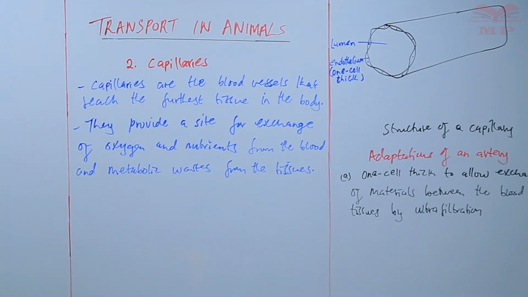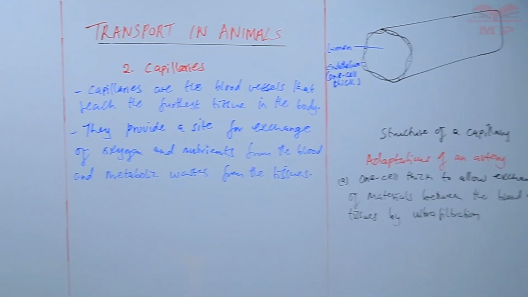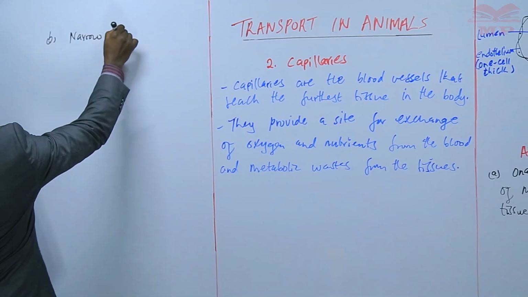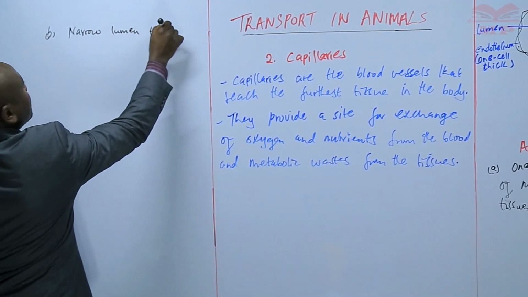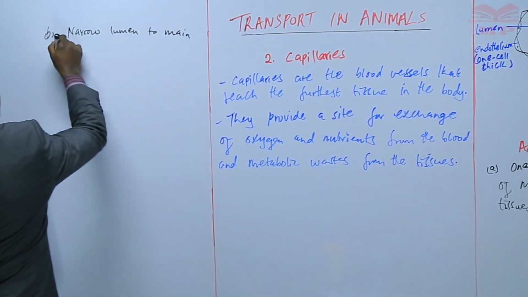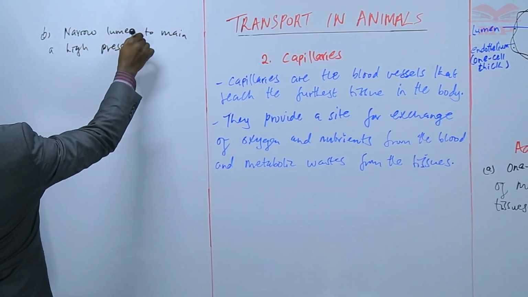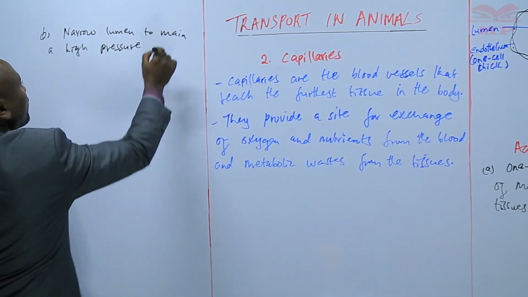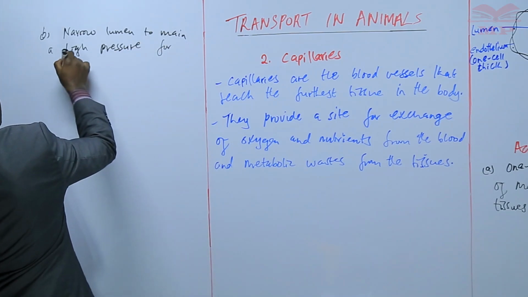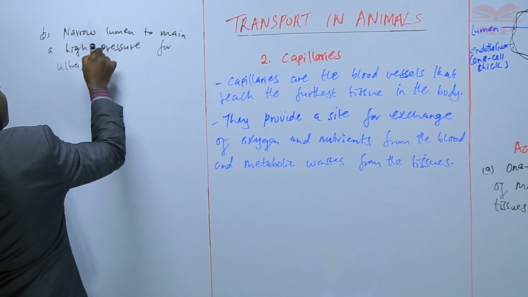The other adaptation is that the capillary has a narrow lumen to maintain a high pressure for ultrafiltration.